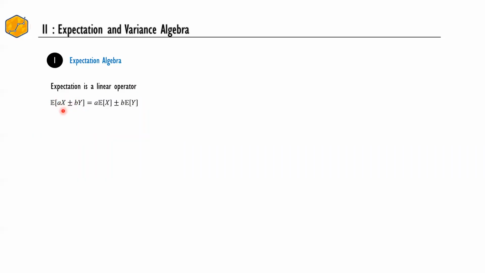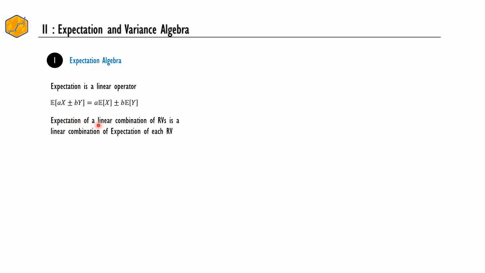That's a linear combination. This will result in a new random variable because it's a linear combination of two random variables. Whatever that new random variable is, expectation or mean of that random variable is simply given as the same linear combination of individual expectations. That's all. That's why you call expectation a linear operator, because this E can go inside. You can put E here, E here. That's the result here.